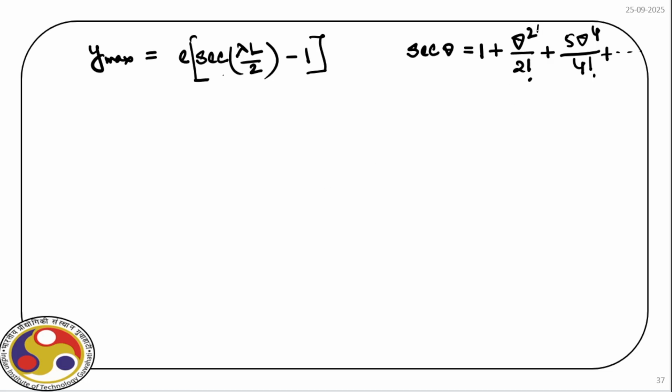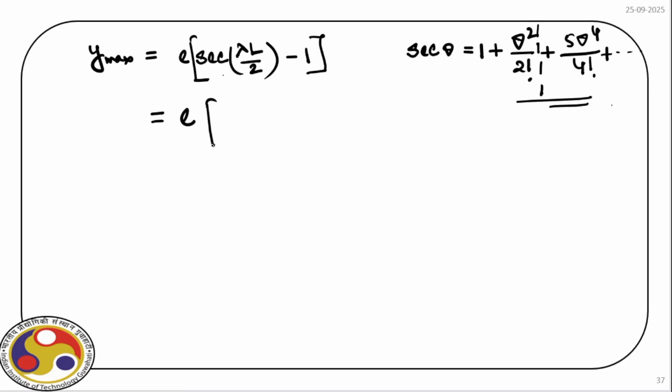So if you consider the first two terms, if theta is small, that means we truncate this series and consider the first two terms and rewrite this expression.